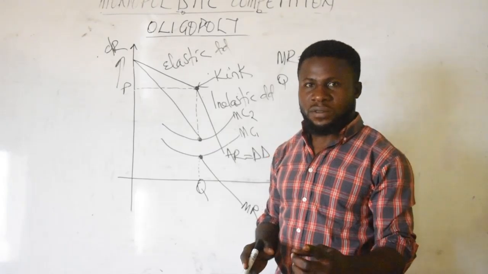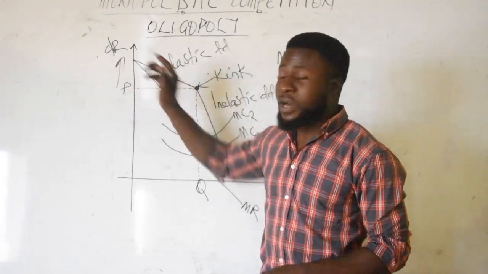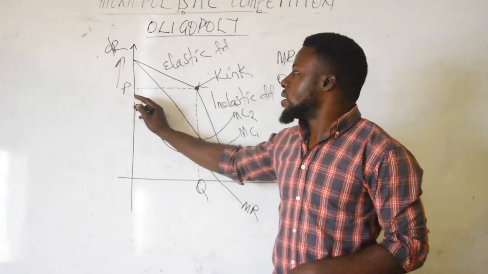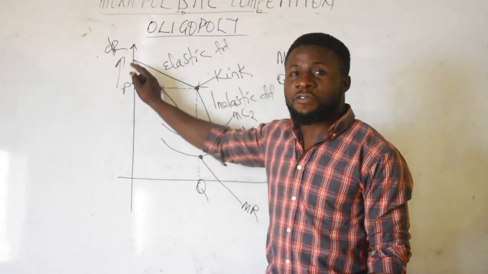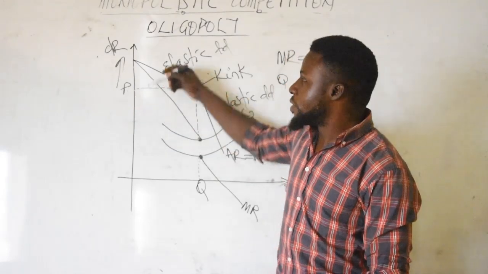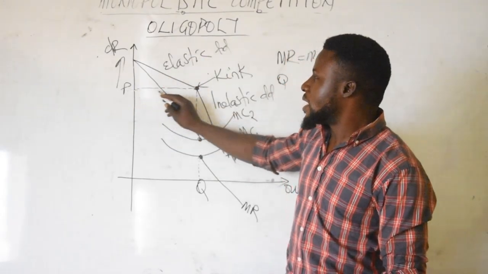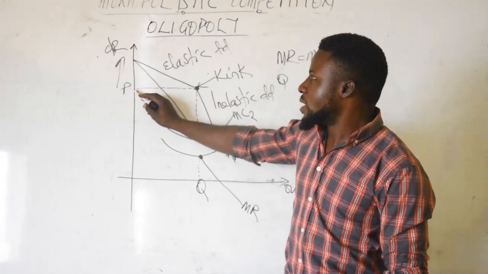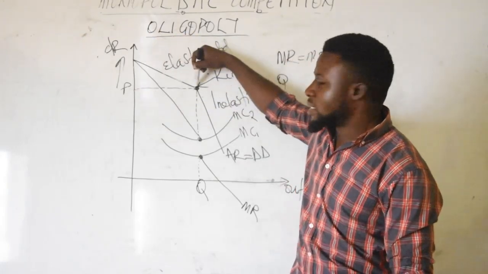That is the first reason why they will not raise prices above P. The second reason, firms will be unwilling to raise their prices above P, because if they do so, you realize that from the kinked demand curve, that is from point P, the demand curve here is elastic.